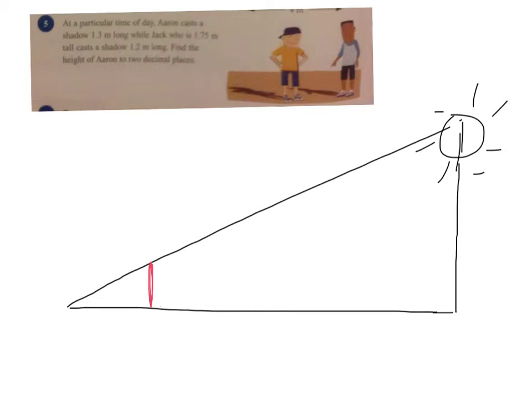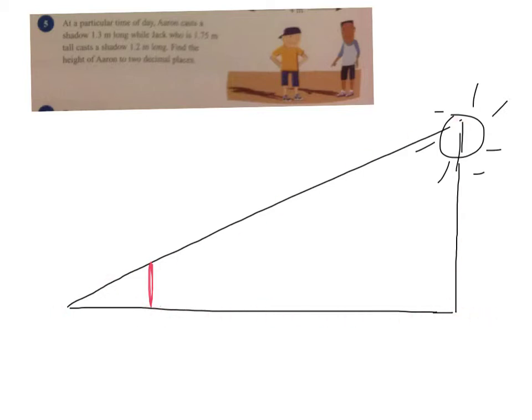Okay, well I'm just going to give you another hint on this question here. So question 5, it says, at a particular time of day, Aaron casts a shadow of 1.3 metres long, while Jack, who is 1.75 metres tall, casts a shadow of 1.2 metres long. Find the height of Aaron to 2 decimal places. Well, if you think about it, we've got the ground going along here, we've got our sun.